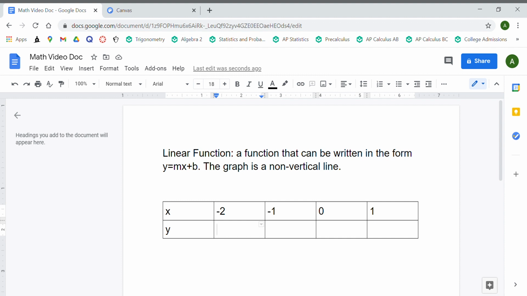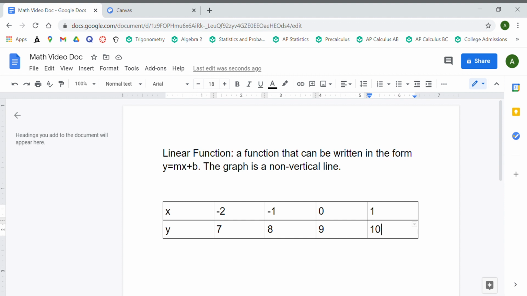So, you have a table. Here we have a very simple table. We have x values and y values.